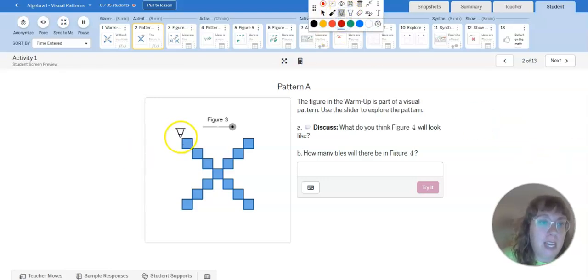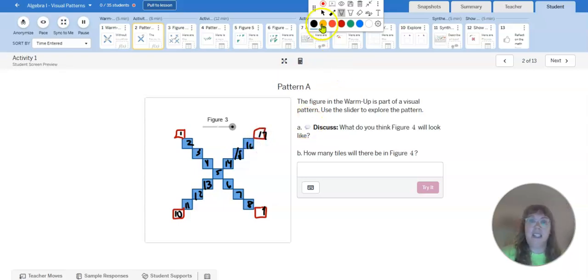So maybe we notice, hey, each time they add a box. So figure 4 is going to add a box to each end. So then how many tiles will there be in total? 1, 2, 3, 4, 5, 6, 7, 8, 9, 10, 11, 12, 13, 14, 15, 16.